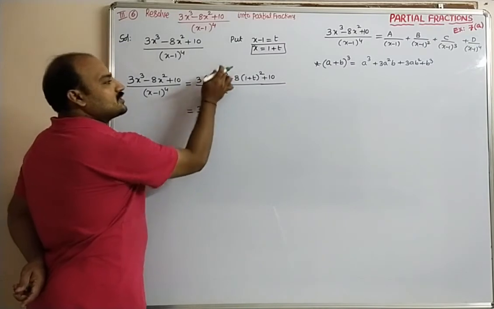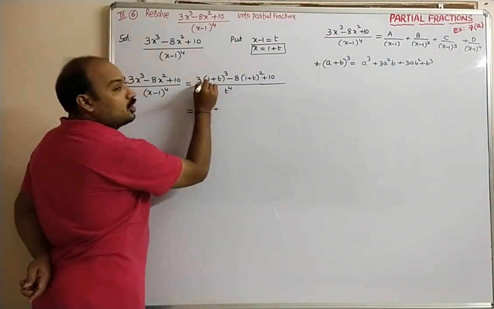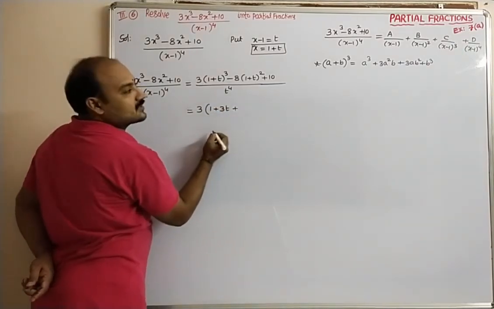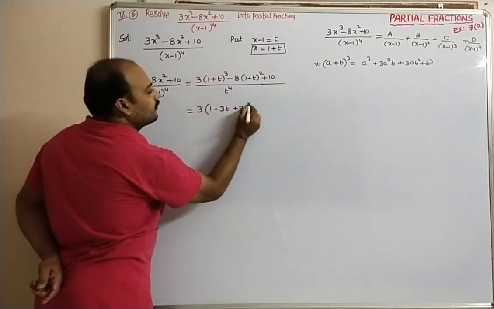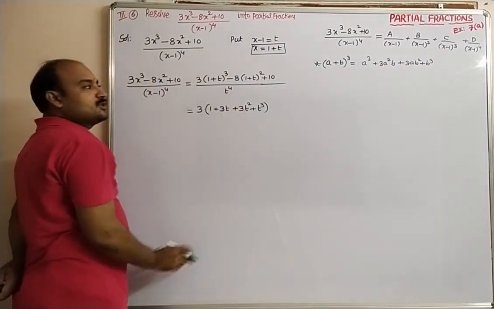So 1 plus t whole cube can be written as 1 cube plus 3 into 1 square into t, that is 3t, plus 3 into 1 into t square, that is 3t square, plus t cube. The a plus b whole cube expansion is over.